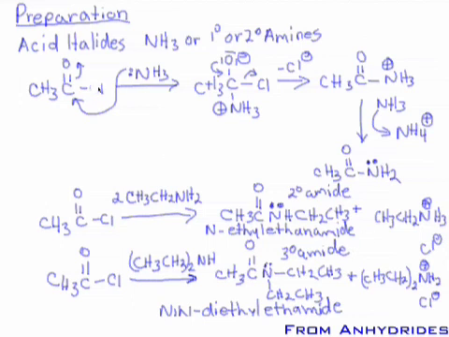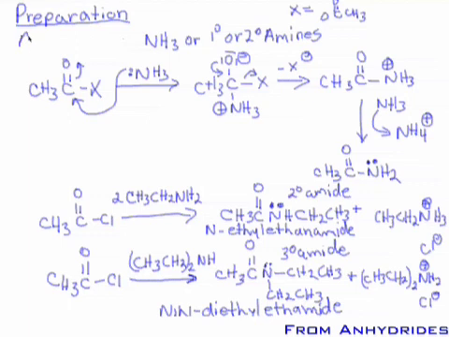Well, suppose this chloride, we're going to change it to an X. And instead of being Cl to be an anhydride, we just make X equal to carboxylate, OC double bond O CH3. So instead of being an acid halide, the X group is an anhydride.